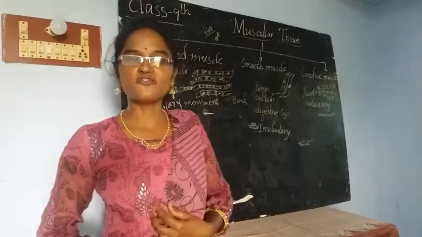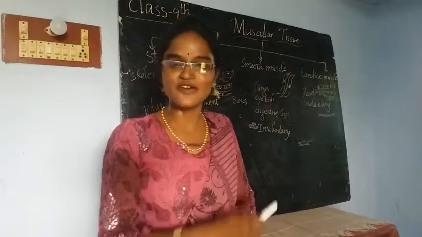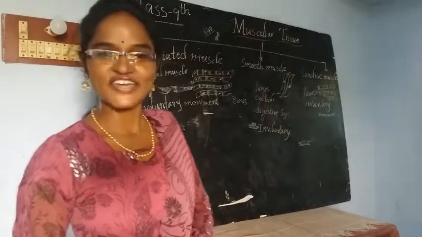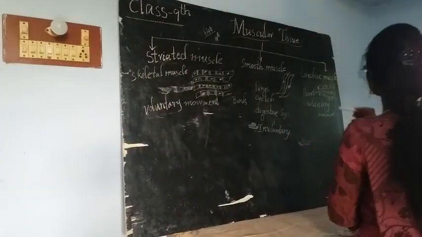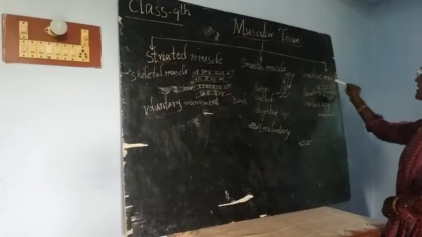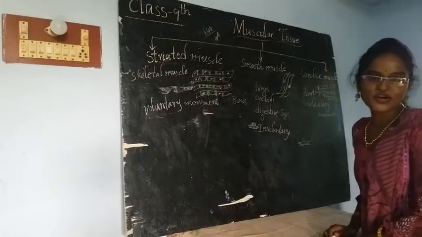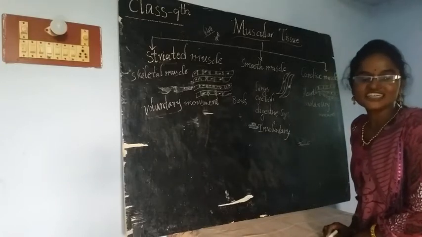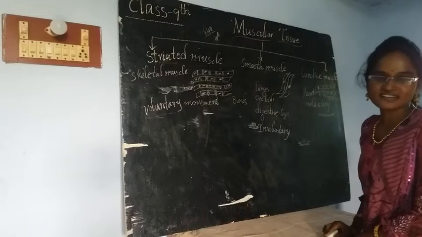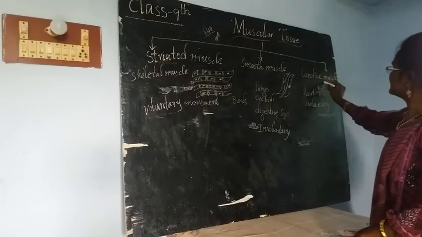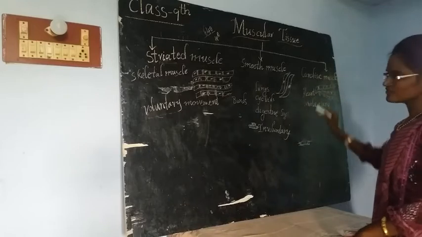And the next variety of muscle, a special variety of muscle, is cardiac muscle. See here, children, cardiac muscle. The name is well familiar to you, I know. Cardiac means nothing but heart, the word which is related to the heart. Cardiac muscle is located inside our heart.